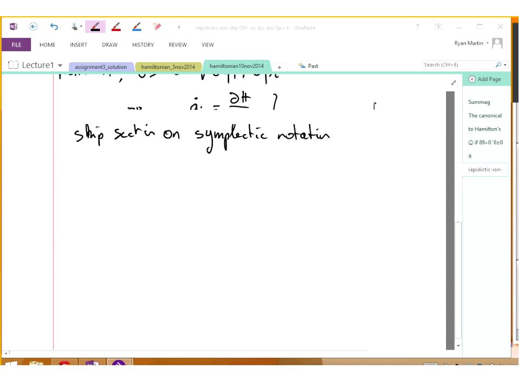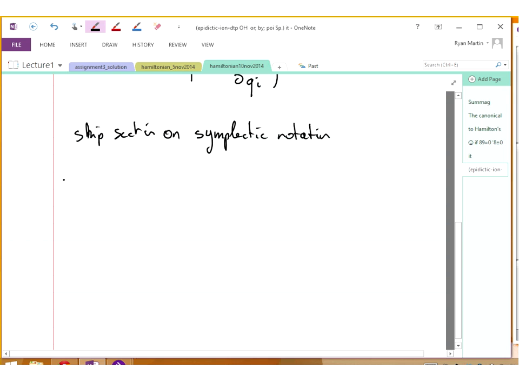So what we'll do instead is we'll talk about phase space, the phase space fluid, and what's called Liouville's theorem.